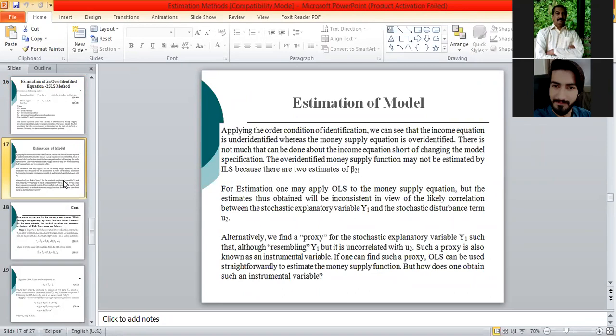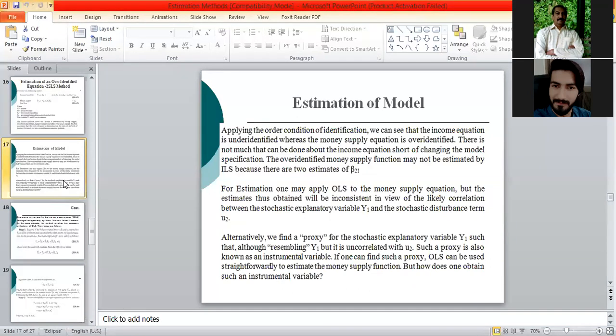So there is not much that can be done about the income equation, short of changing the model specification. The over-identified money supply function may not be estimated by ILS because there are two estimates of beta 1, because an over-identified equation is one in which one or more of the structural parameters have more than one value. In the text we have already examined that the estimated structural parameter beta 1 has more than one value.